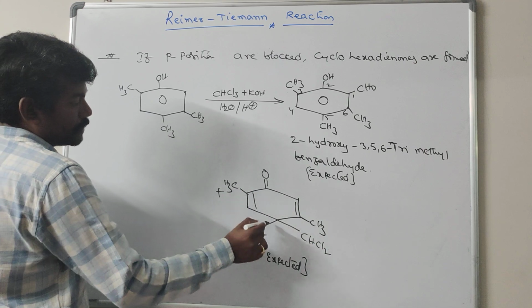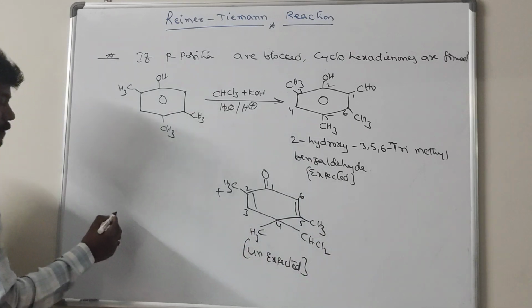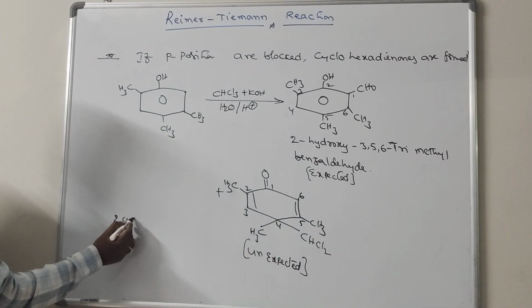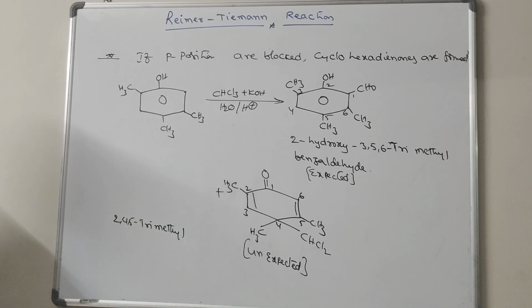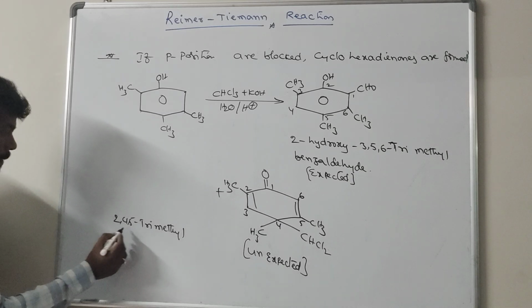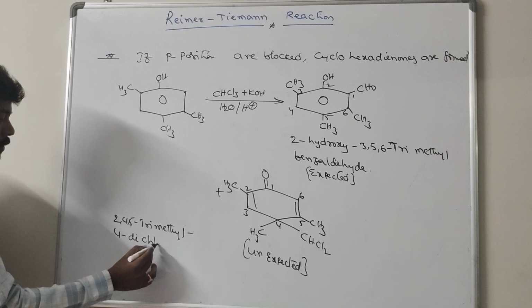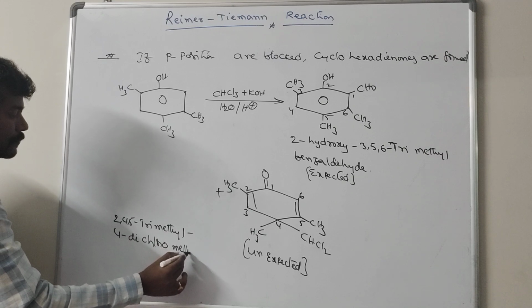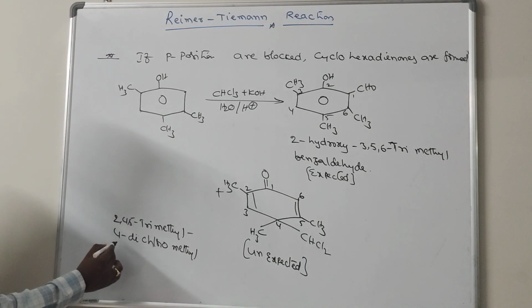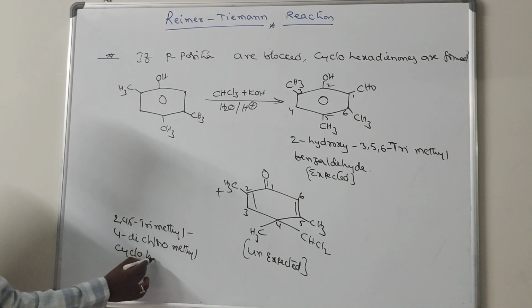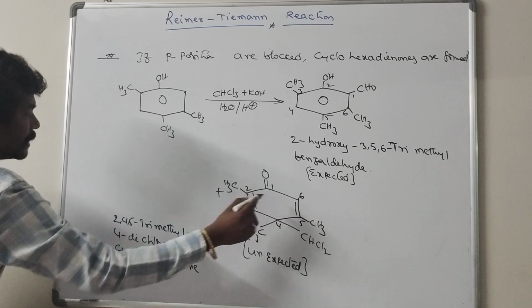Numbering 1, 2, 3, 4, 5, 6: 2,4,5 trimethyl, 4-dichloromethyl cyclohexadienone.